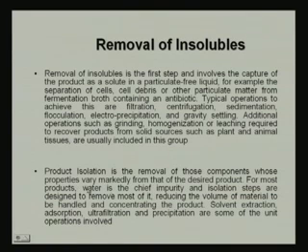For most products, water is the chief impurity and isolation steps are designed to remove most of it, reducing the volume of the material to be handled and concentrating the product. Solvent extraction, adsorption, ultrafiltration and precipitation are some of the unit operations involved in these product isolation steps.